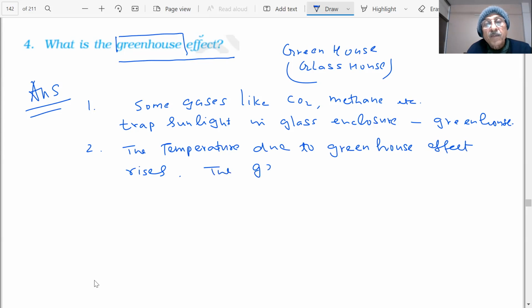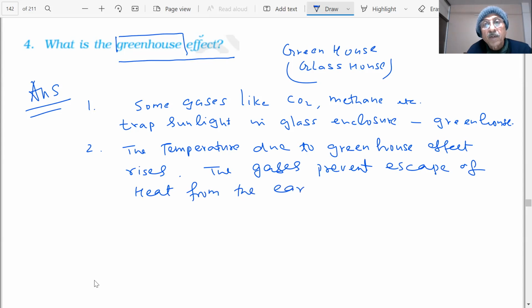The gases prevent escape of heat from the earth, student.